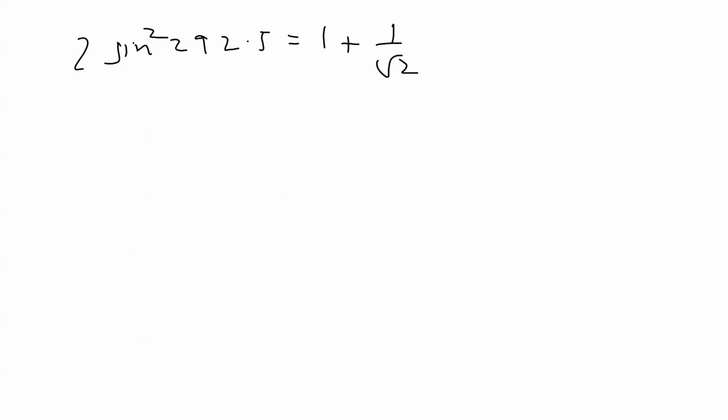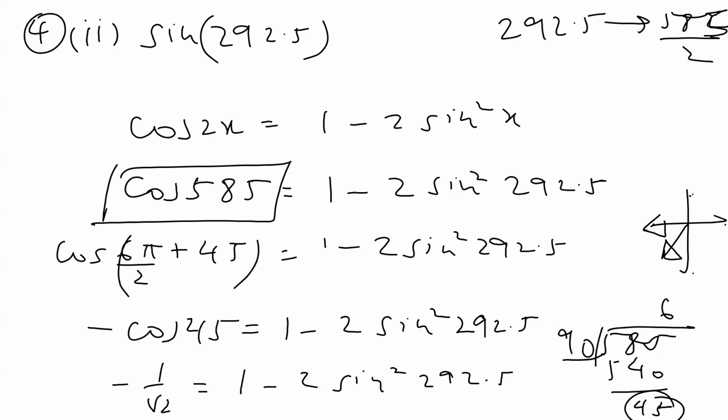Let me just check 1 second. 585. Correct. So 6 pi by 2 plus 45. Okay.